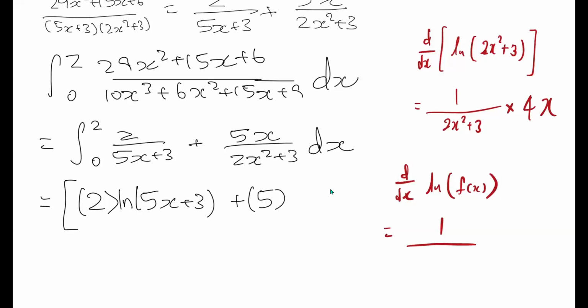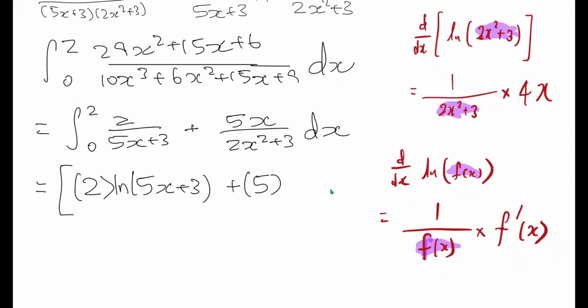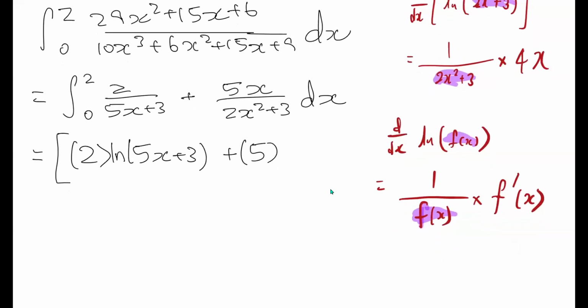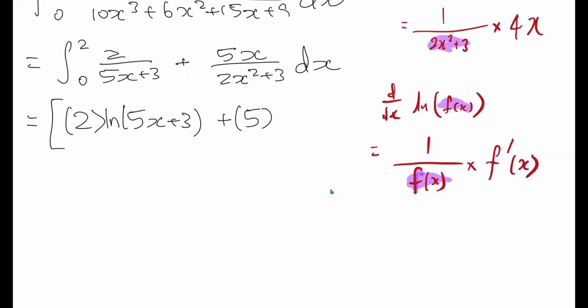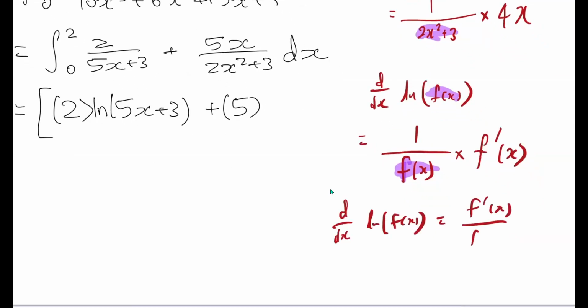1 over f of x times f prime x. Yes, f prime x. So in other words, the derivative of ln f of x equals f prime x over f of x.